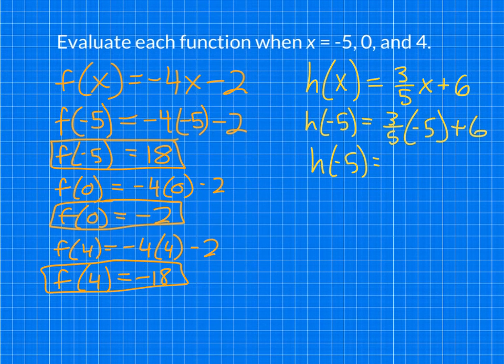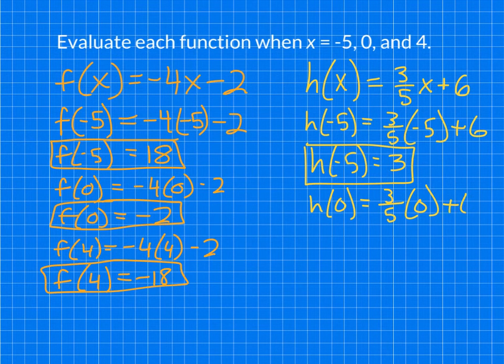Negative 3 plus 6 is 3. And there's h of negative 5. Then we have h of 0. 3/5 times 0 plus 6. That's obviously going to be 6. And then we have h of 4.